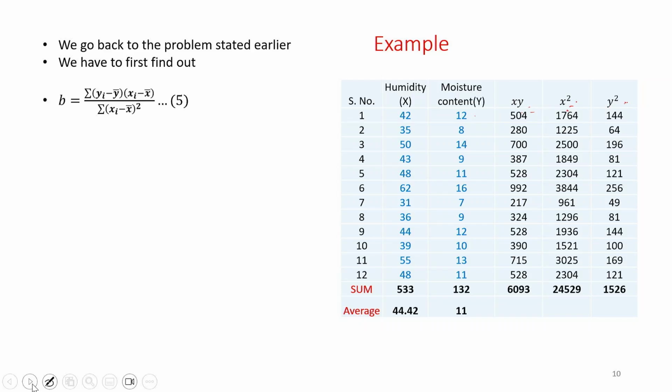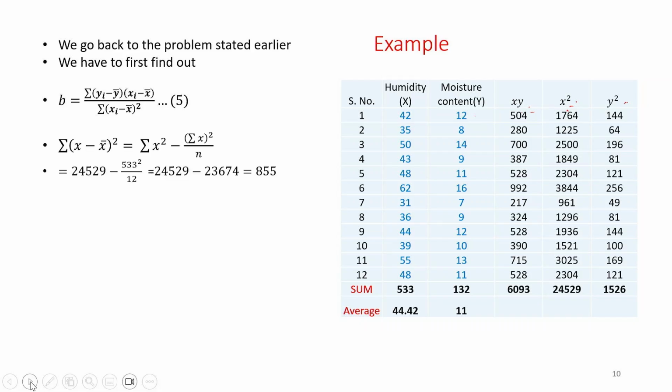So we have to first find out the value of b, and the simplified formula is this. What is there in it? Sigma x square. So what is the value of sigma x square? I sum the x squares up, and I get this figure. This is my sigma x square. Whatever is in this row are summation values, and these two are average values.